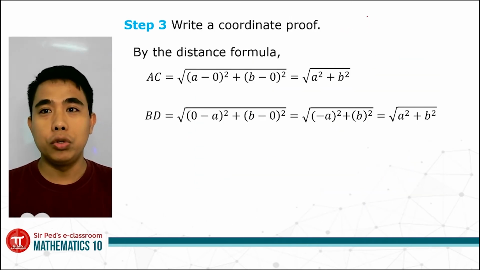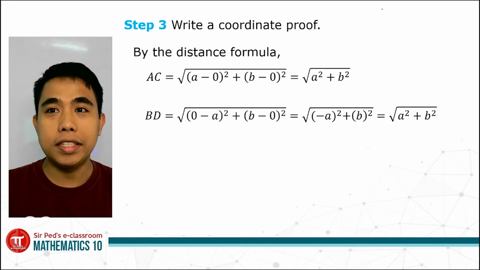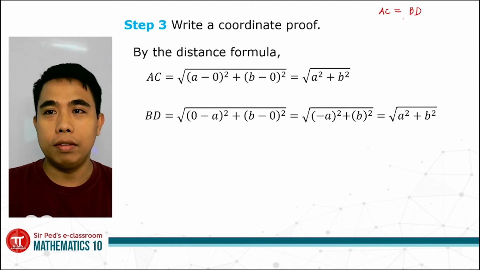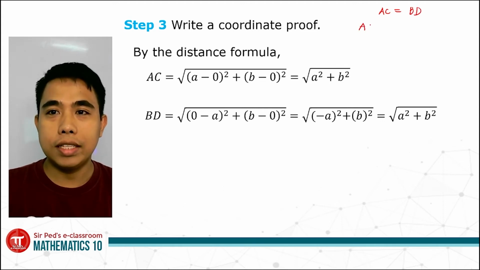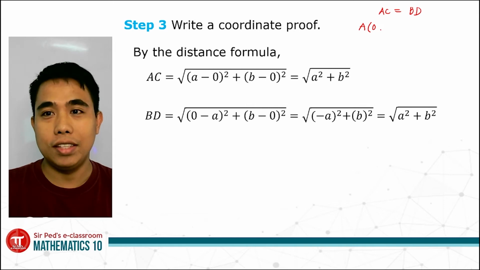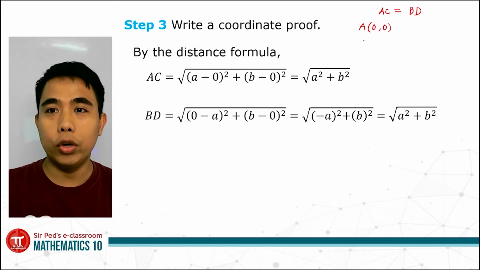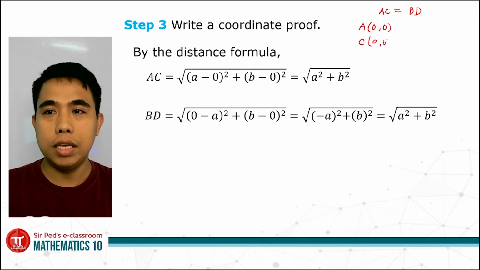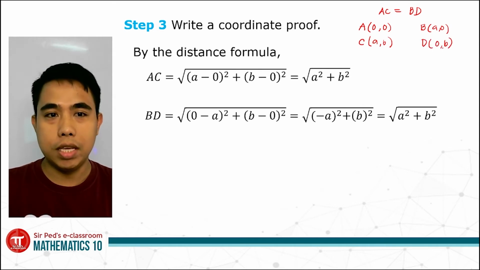So we are going to show now that AC is equal to BD. But before that, let's have yung coordinates ng A. So it is 0, 0. The coordinates of C are a, b. And then coordinates of B are a, 0. And then coordinates of D are 0, b.